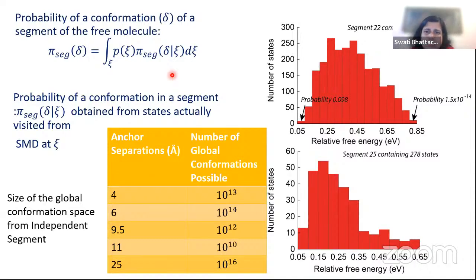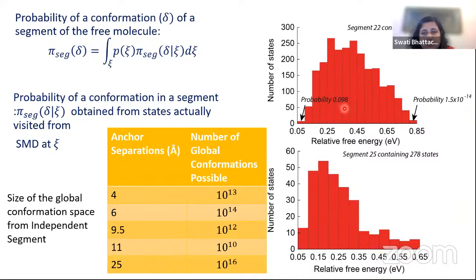So let's look over here. I have two of the larger segments. Segment number 22 has more than 2,000 possible states, and I have lumped them according to their relative free energies. So we can compare the probabilities of the most probable segment state, which is, by the way, probability computed in the free molecule scenario, and the probability of the least probable state.